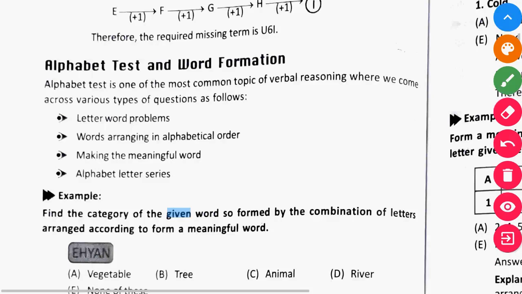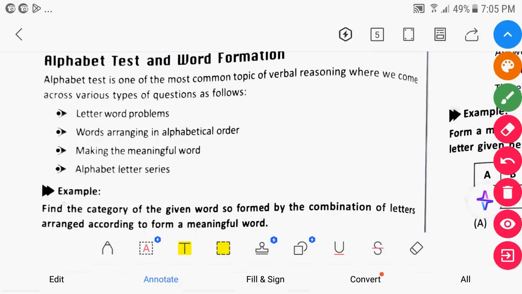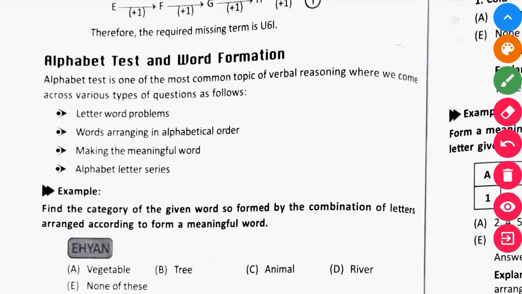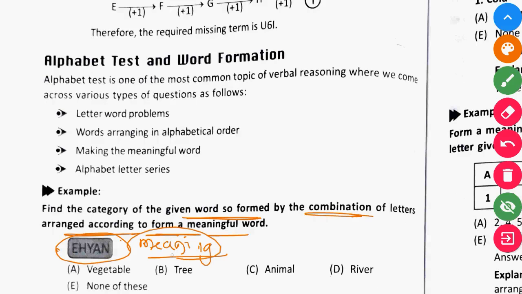The first example is given here, in which we have to find the category of the given word. Some letters are given here. We have to form a meaningful word from those letters, and we have to identify the class, the category, of that word.